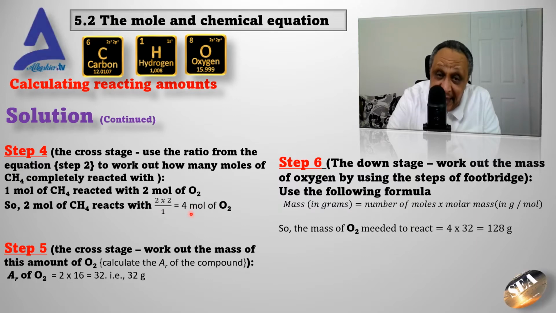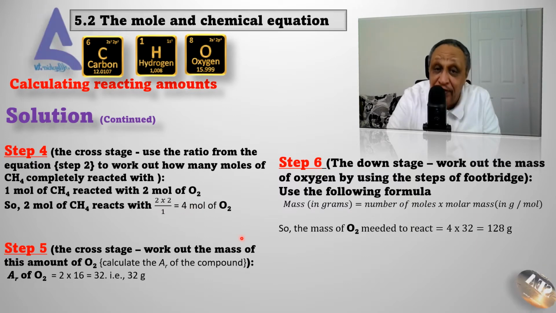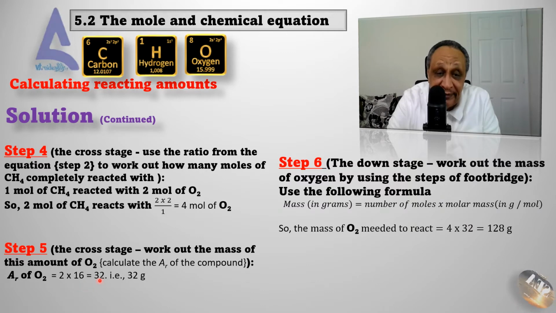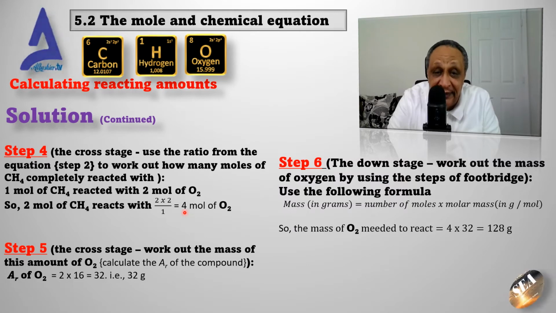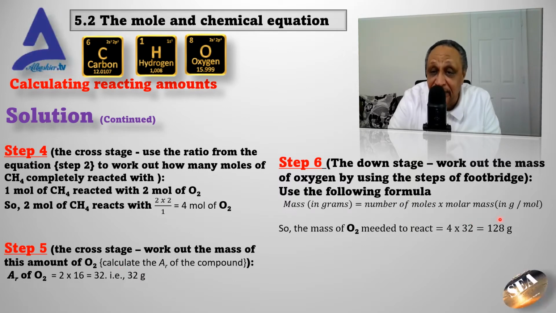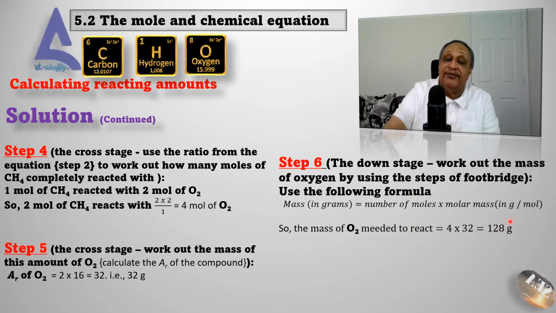Remember, I worked it out and it comes to 4 moles. So I'm going to say that mass in grams equals the number of moles multiplied by the molar mass in grams per mole. So the mass of oxygen needed to react is 4, the number of moles which I bring from here, multiplied by the molar mass, which is 32. So it's 4 multiplied by 32, which is 128 grams.